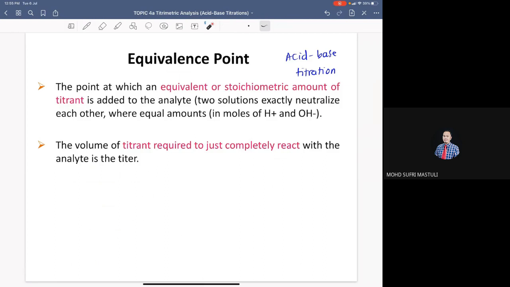That's the equivalence point of the neutralization, where there are equal moles, an equivalent amount, of protons and hydroxyl ions. So the volume of titrant required to just completely react with the analyte is the titrant volume.